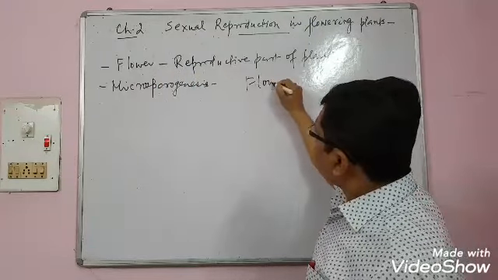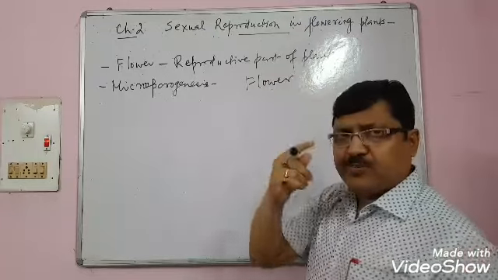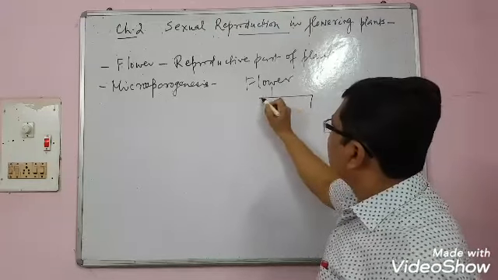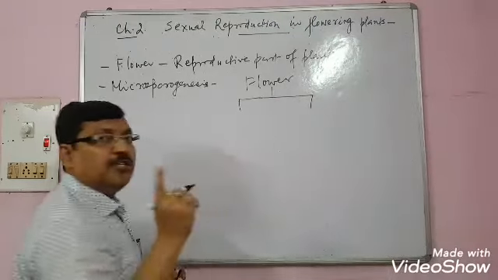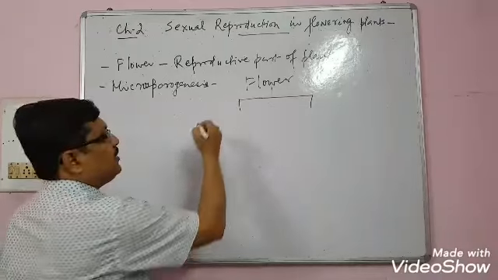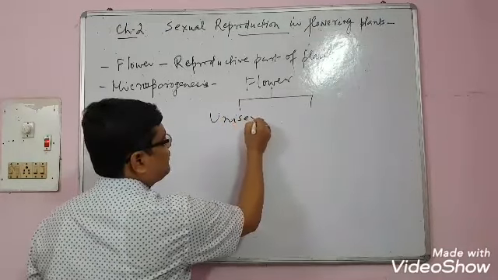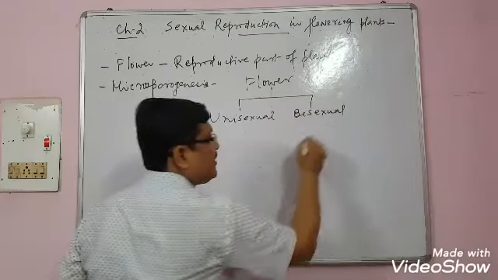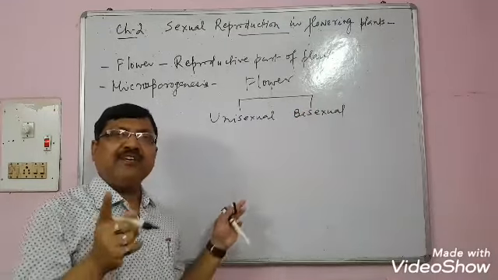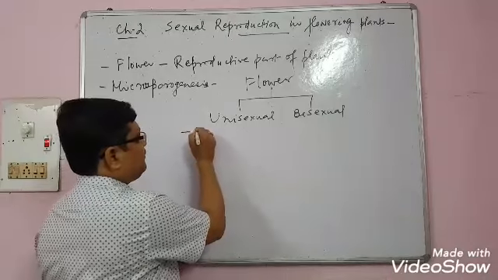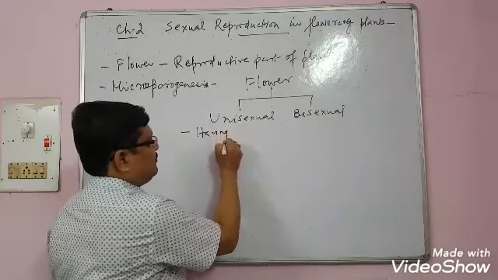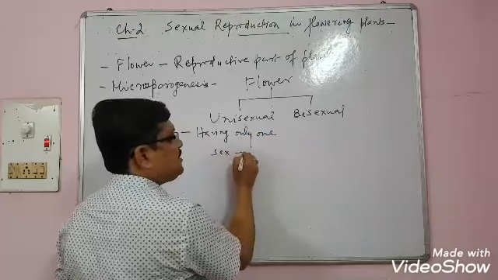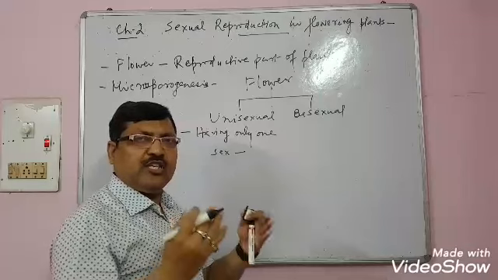Flower in an angiosperm is mainly of two types: unisexual and bisexual. Unisexual means having only one sex, either androecium or gynoecium.